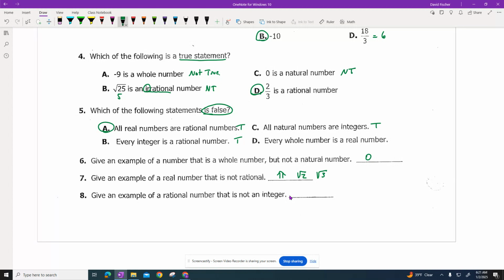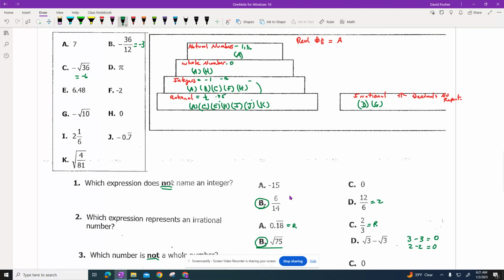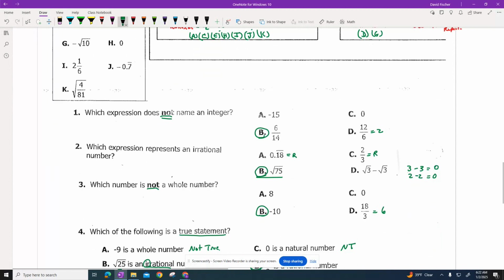There are some that will just keep coming up all the time that you'll start to memorize. And our last one, give me an example of a rational number that is not an integer. Well, that's easy. Just pick anything from the box in the bottom here. Any fraction is not an integer. Any decimal is not an integer. So any fraction or any decimal that you have would be okay.